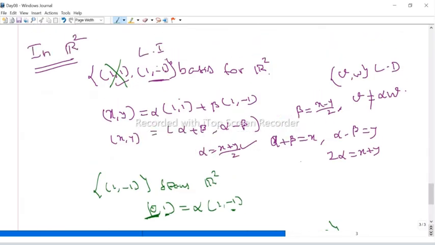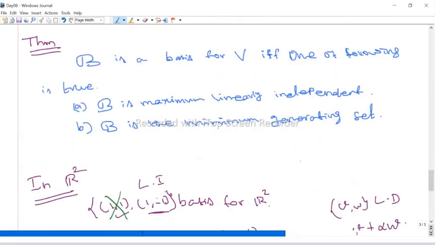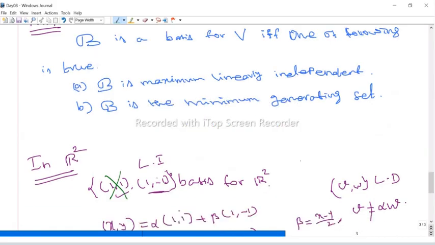Okay, so it's a very important result: a set is a basis if and only if it is a maximum linearly independent set and also a minimum generating set. What does maximum mean? Suppose script B is a basis and a maximum linearly independent set. If you adjoin some element x to this set, then the resulting set B union singleton x is linearly dependent.